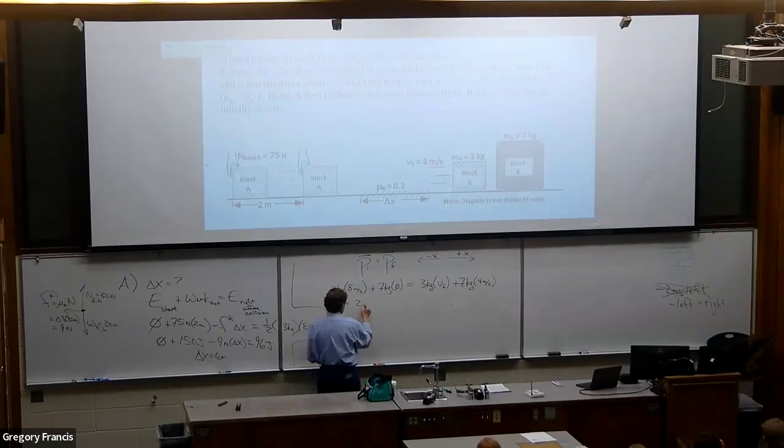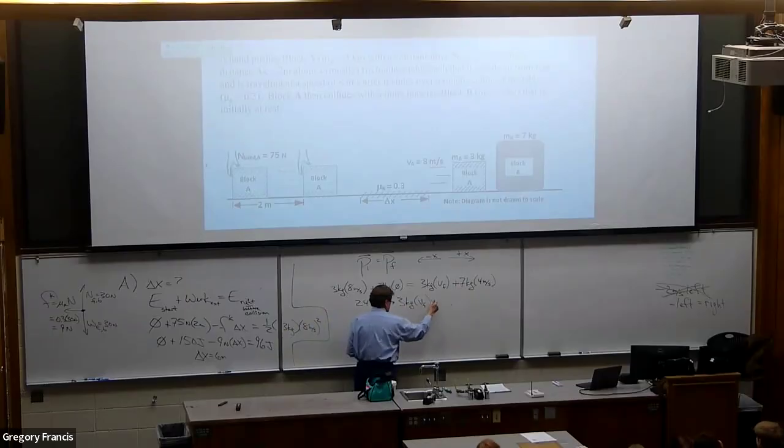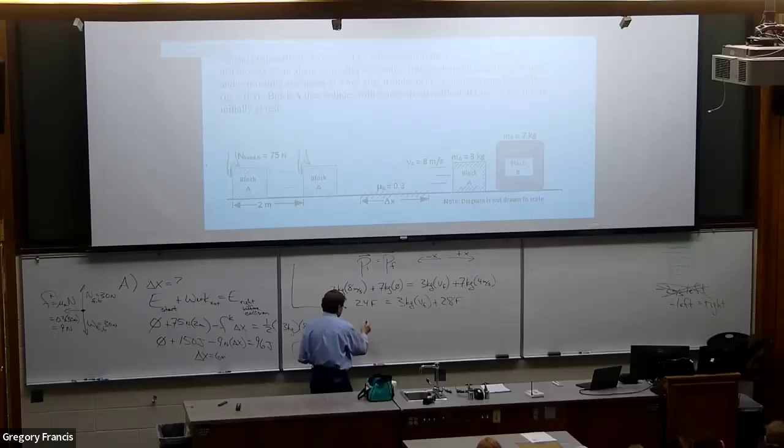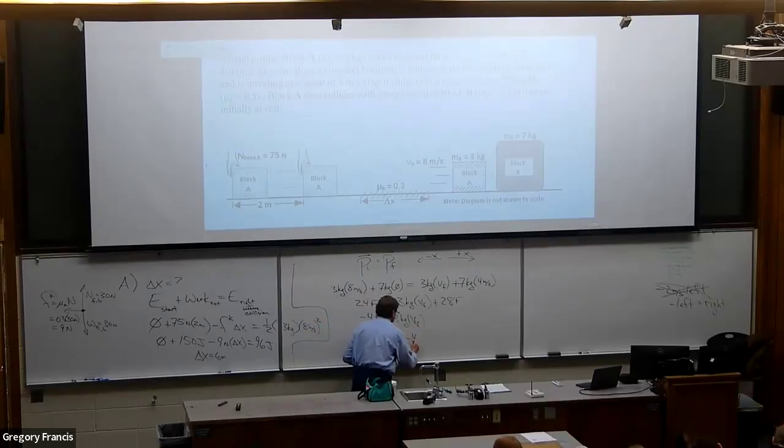So this gives me 24 plus 0 is equal to 3 kilograms V final plus 28. If I subtract the 28 from both sides, I get negative 4 is equal to 3 kilograms V final. And that gives me V final is equal to negative 4 over 3 kilograms, which is negative 4/3 meters per second. Or I could say 4/3 meters per second left.